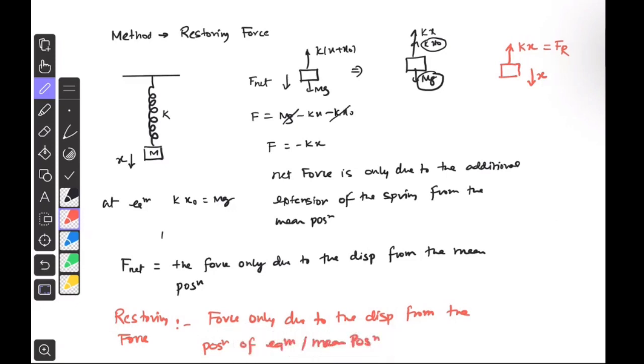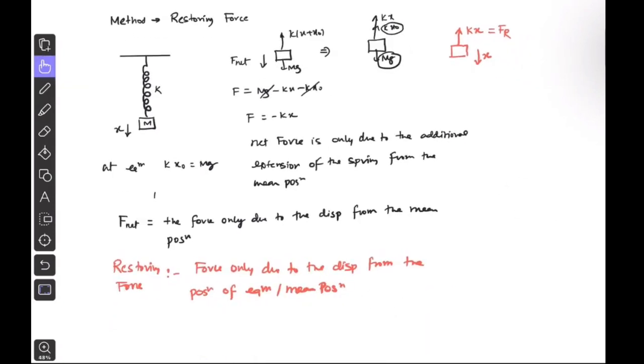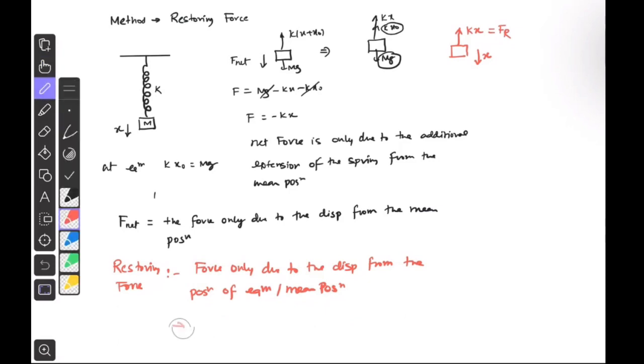And whatever this force will come, it will be acting opposite to the displacement, no? So from now on, you don't have to write the force equation at the mean position. Just you consider writing the force that is going to be only due to the extra displacement that we have given from the mean position.